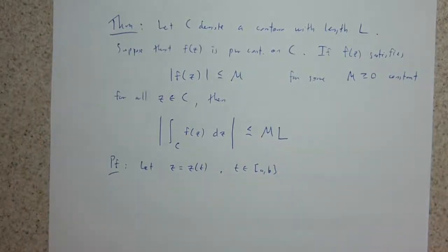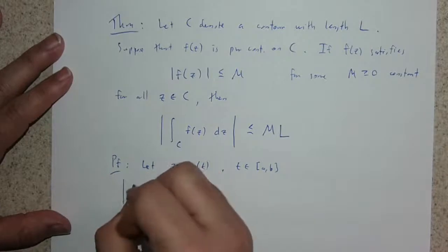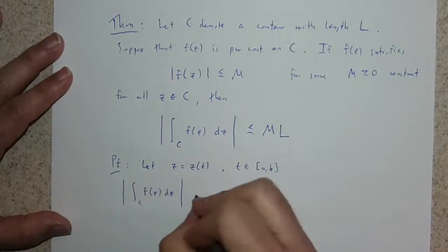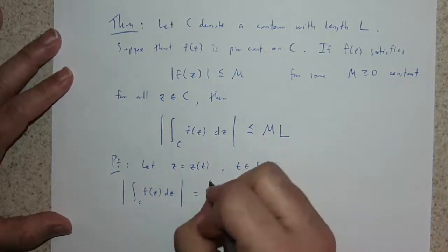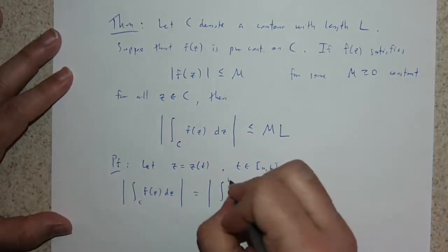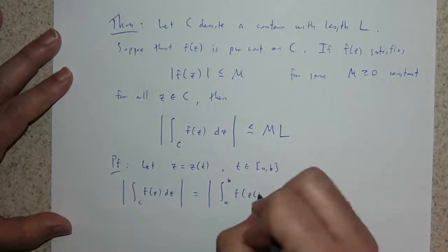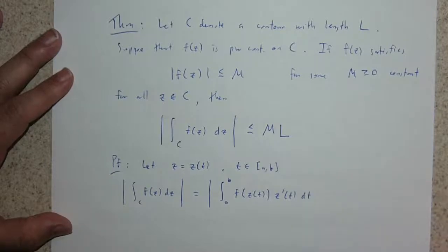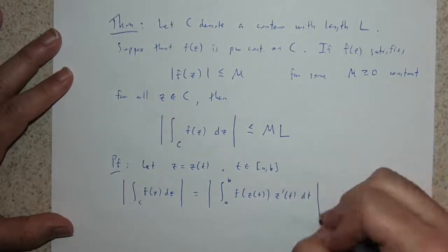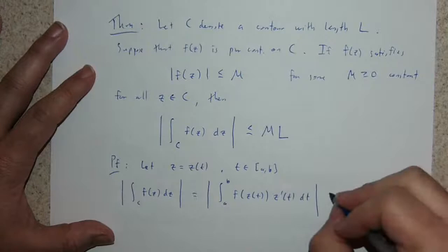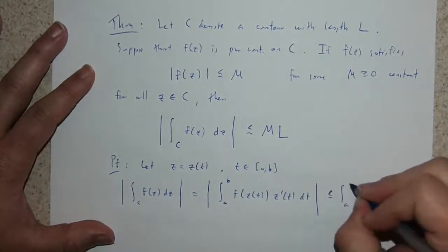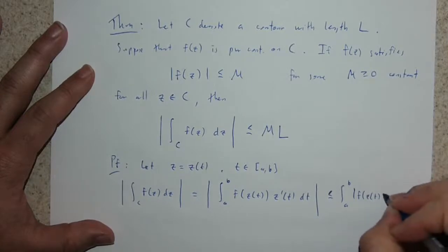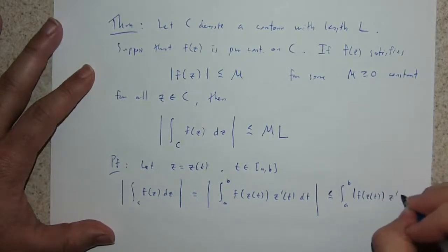Then by definition, the modulus of the integral of f of z dz is equal to the modulus of the integral from a to b of f of z of t times z prime of t dt. And by the lemma, this is less than or equal to the integral from a to b of the modulus of what's inside, f of z of t times z prime of t dt.